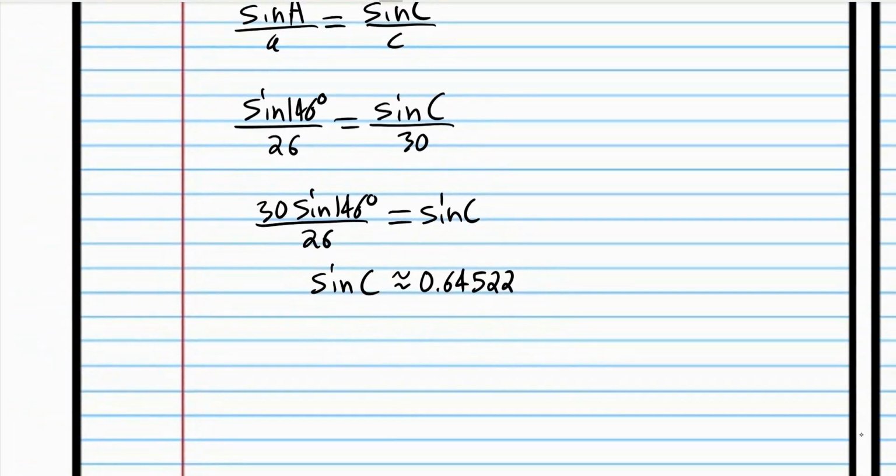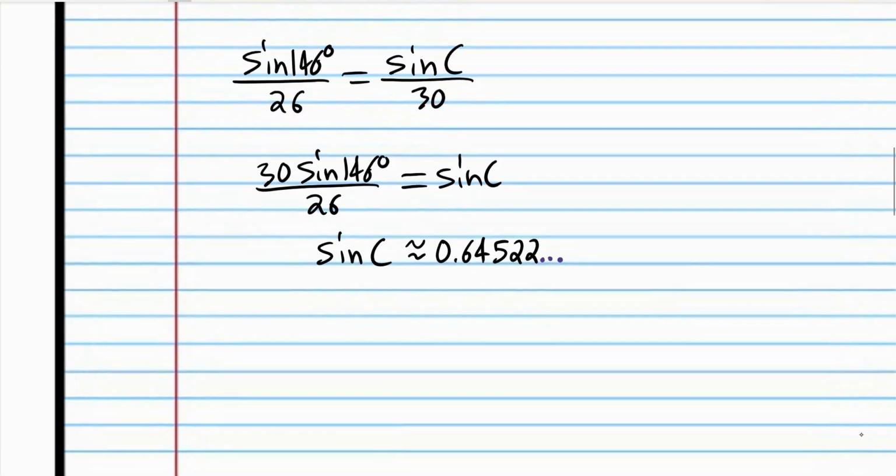We can keep that number in our calculator. And we want to find the measure of angle C using the calculator. We get approximately 40.183 degrees. We can keep that number in our calculator.